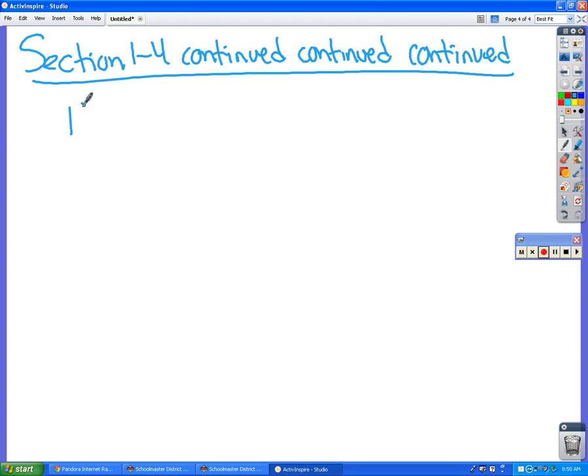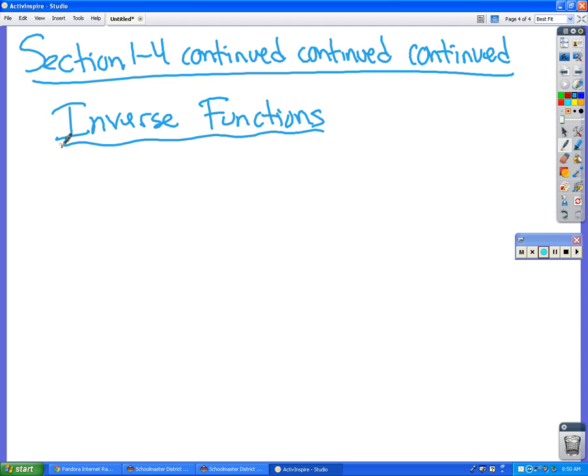The last thing we're going to talk about in terms of building functions from other functions is inverse functions. And we did this last year in advanced algebra, so you'll go, oh yeah, I remember this.